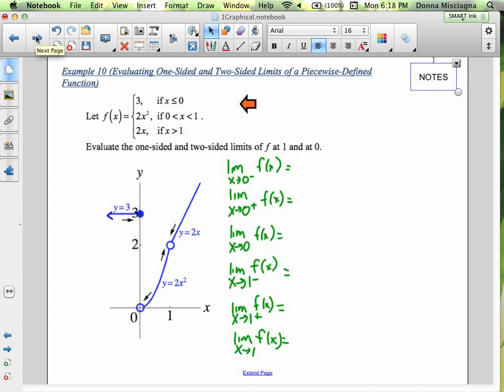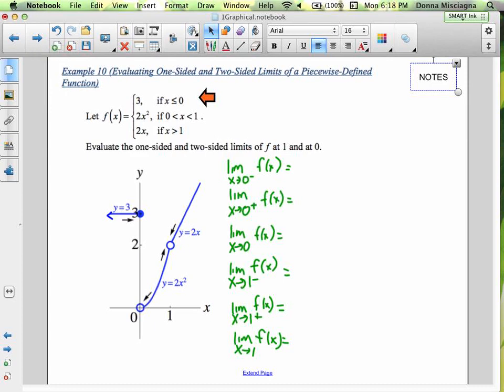This one is in your notes. So this one is a piecewise function. We change the rule as we change which part of the domain we're in. This part here is just the graph of y equals 3 for anything that is less than or equal to 0. Notice that equal to 0 means that we have a filled in point there at 3.